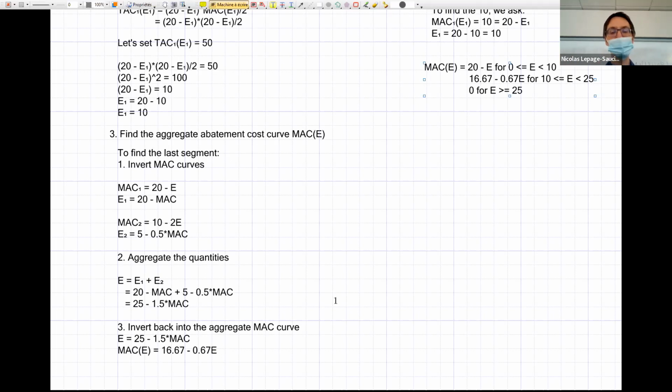If you start just computing stuff, it's very easy to get confused. But if you build your graph nicely, it's easy not to get confused. Okay, 5: find the optimal level of emissions. And 6: at this level, how much will each firm be emitting?